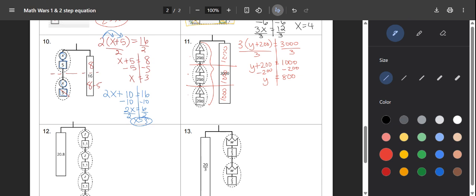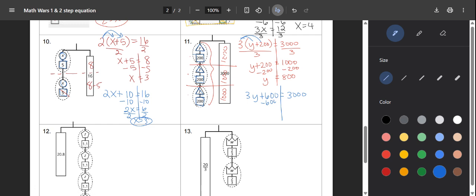Now let's try it with distributive property. We need to multiply, multiply. So that gets us, how many y's do we have? 3. 3 times y is 3y. And then 3 times 200, well, I've got 200, 400, 600. And that's still equal to 3,000.